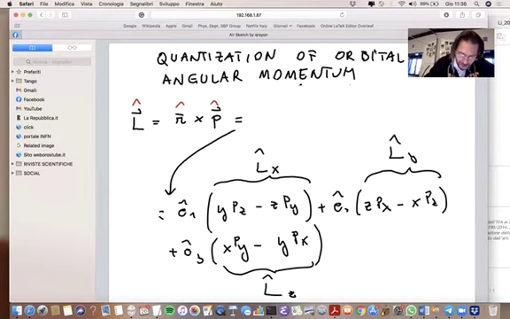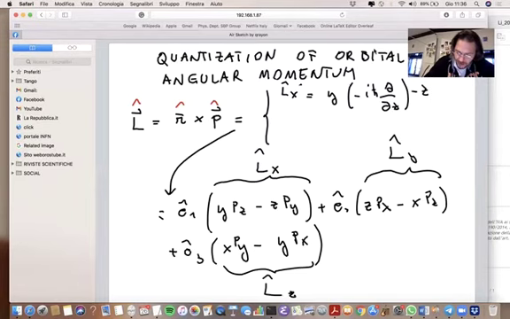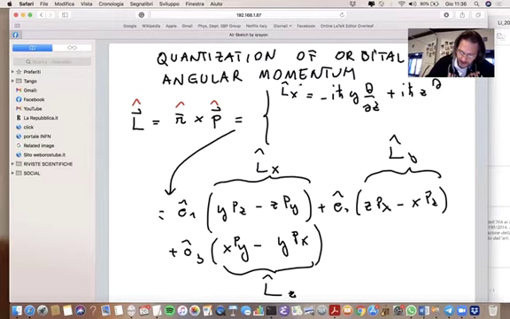And in particular, Lx is going to be y. Remember the rule, negative i h bar d by dz, minus z. Well, we can pull out the i's everywhere. So I would say negative i h bar y d by dz plus i h bar z d by dy.